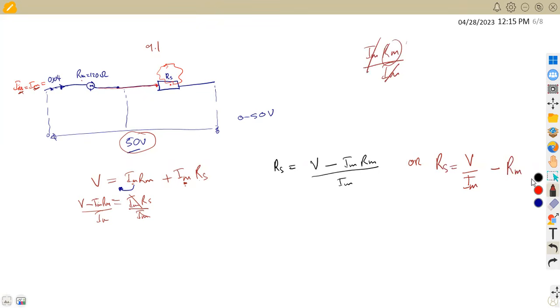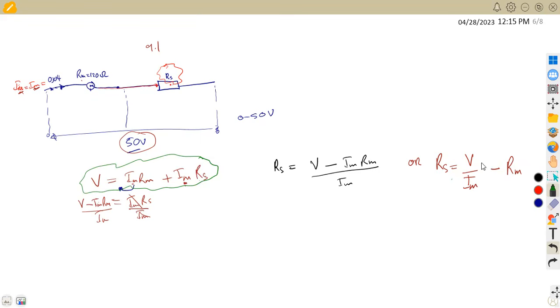So it's going to be minus RM. This is the formula that we are sometimes given. If we are given this formula, we can take advantage of that and just substitute our values. If not, we can use this formula and make RS the subject.